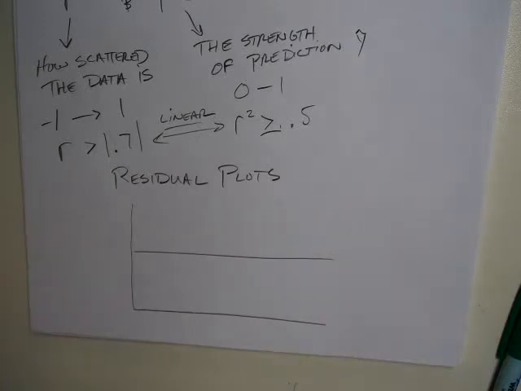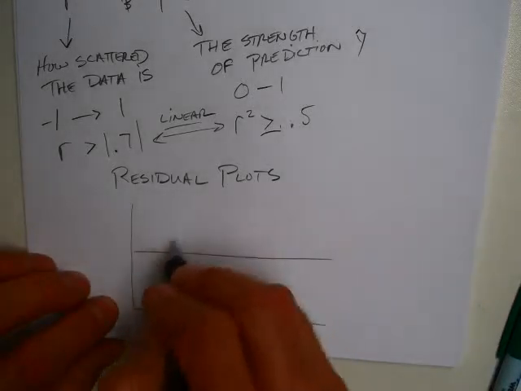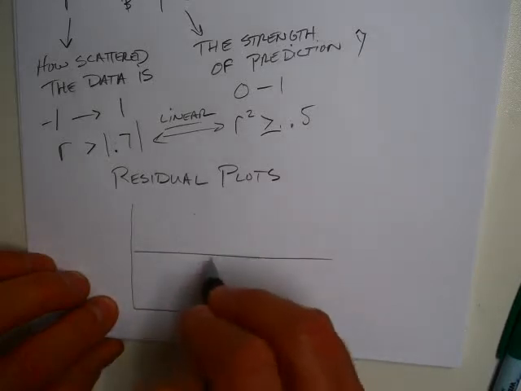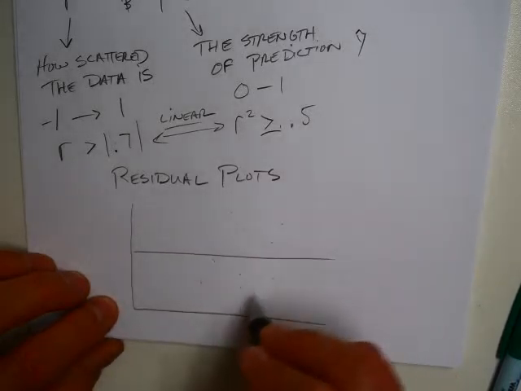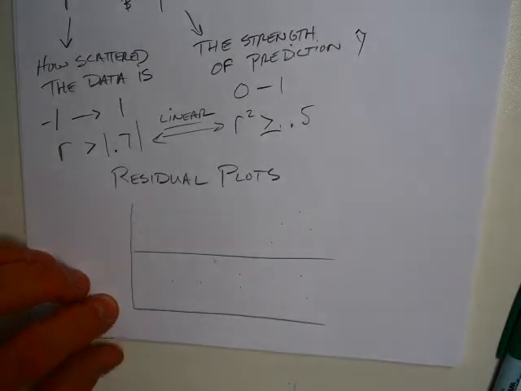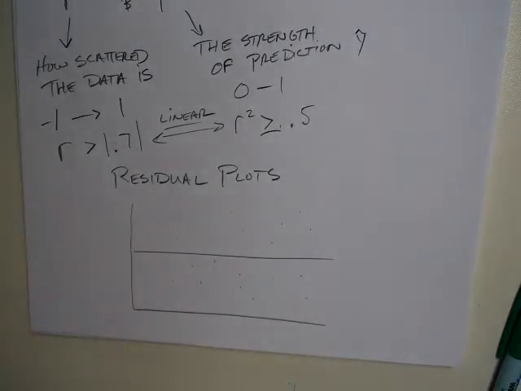Remember, we make the calculation and then the computer stores the residual values and then we graph it. We always get a horizontal line. And then what we're looking for is a scattering. Strangely enough, if it's scattered in the residual, that's an indication that it's linear, right?